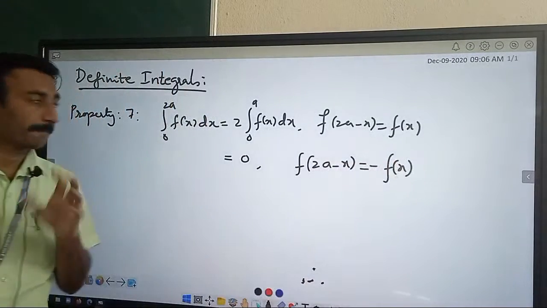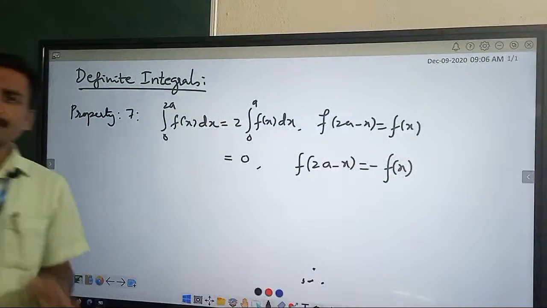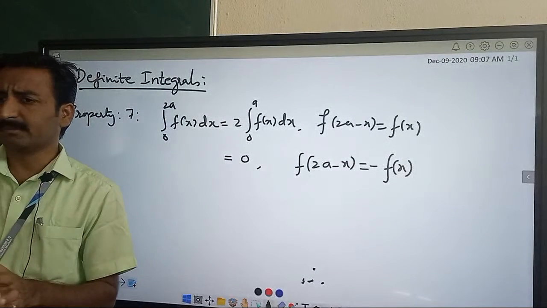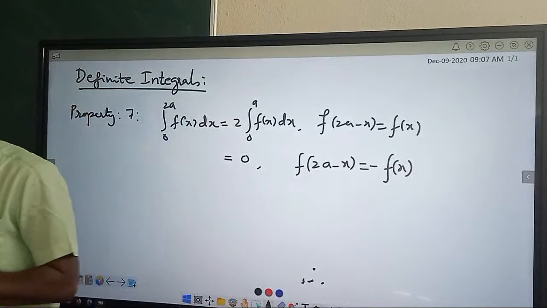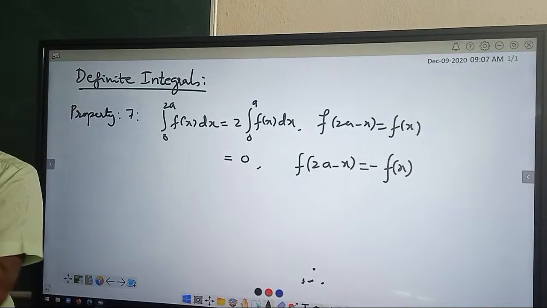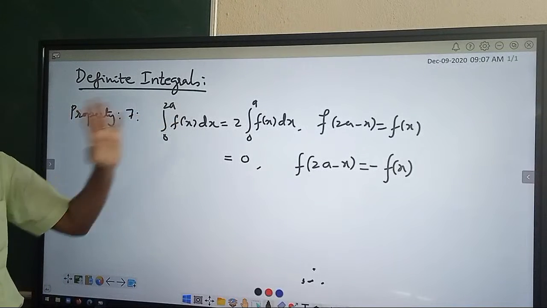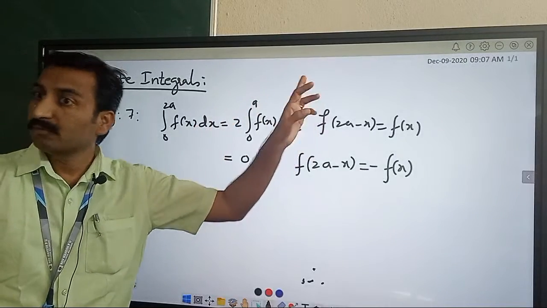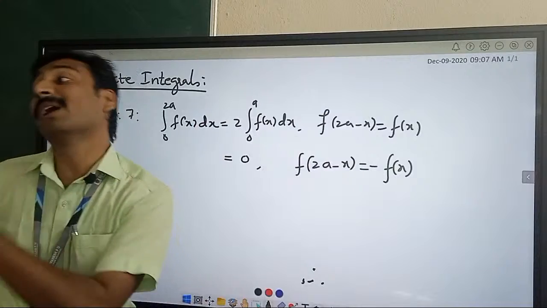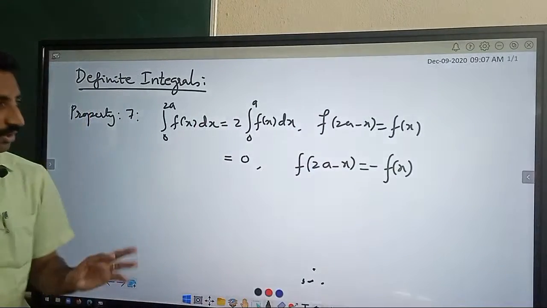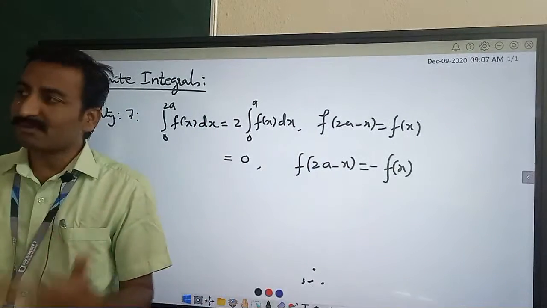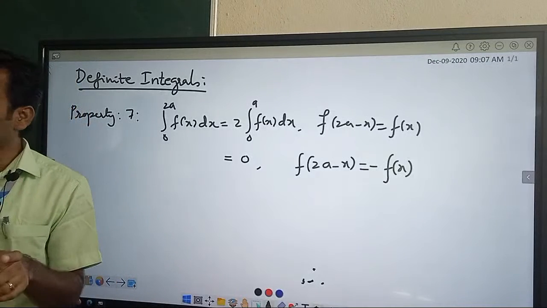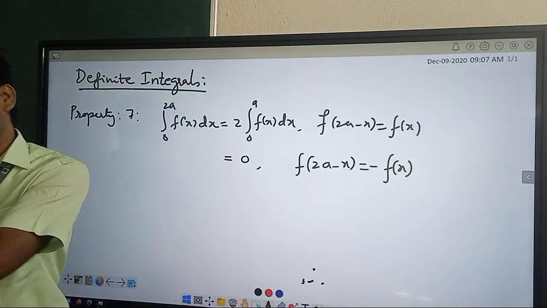Correct? What I want to tell you here is that this is an extension of the property number 6 series. In property 6, you proved that the integral from 0 to 2a of f of x dx can be written as the integral from 0 to a of f of x dx plus the integral from 0 to a of f of 2a minus x. So when property 6 is valid, obviously f of 2a minus x is the same as f of x.